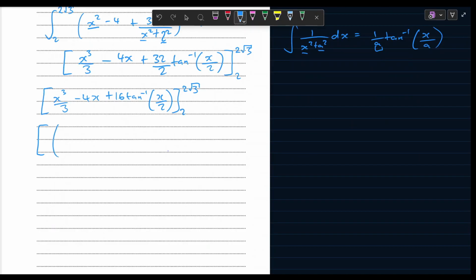Starting with the upper limit, that's going to be 2 root 3 cubed over 3 minus 4 times 2 root 3 plus 16 arctan of 2 root 3 over 2. All right, and then the lower limit, that is going to be 2 cubed over 3 minus 4 times 2 plus 16 arctan of, that's 2 over 2.